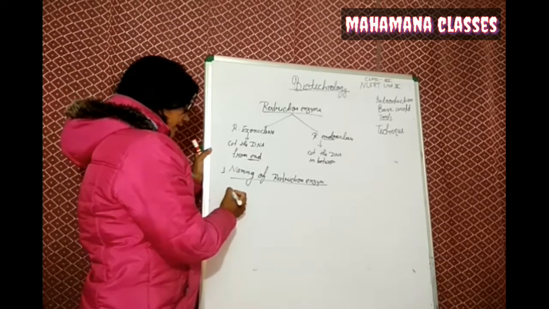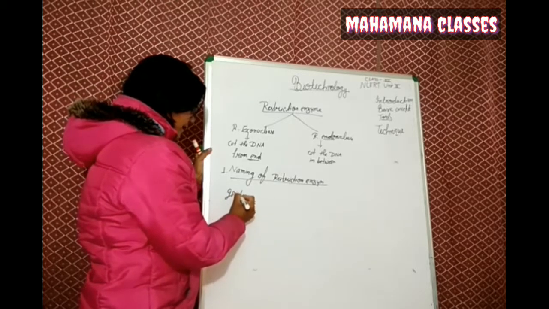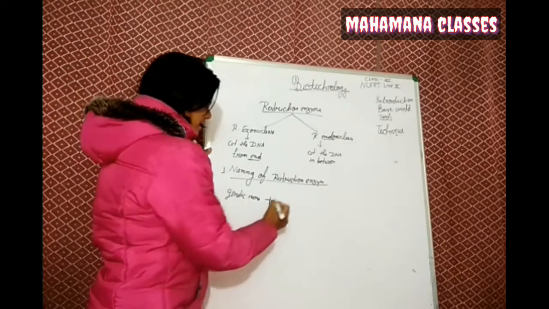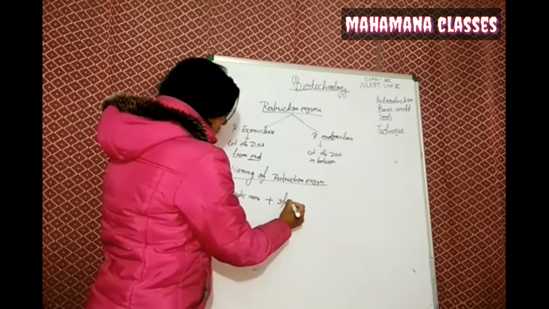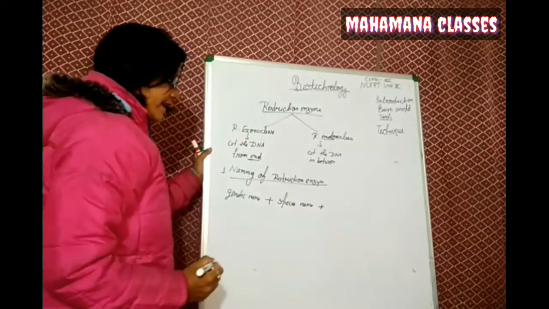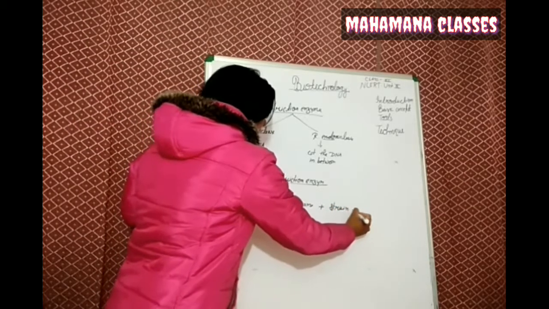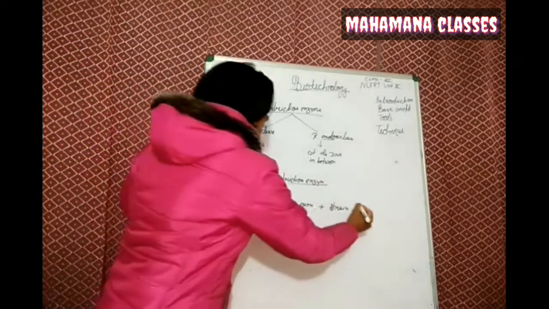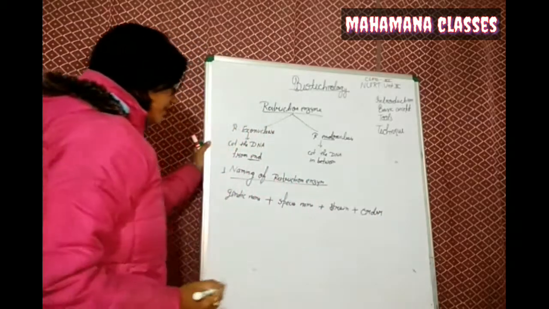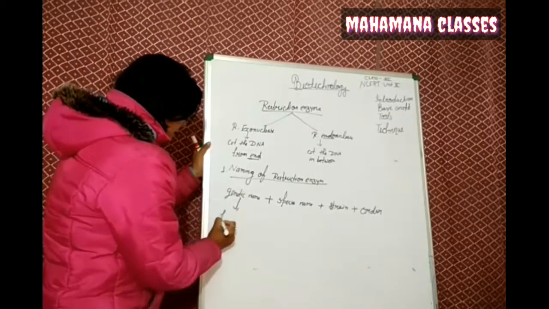First, we mention a genus name, then a specific name or species name, then its strain, then the order of discovery.